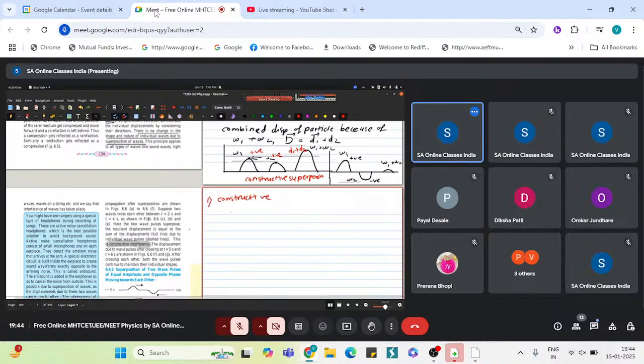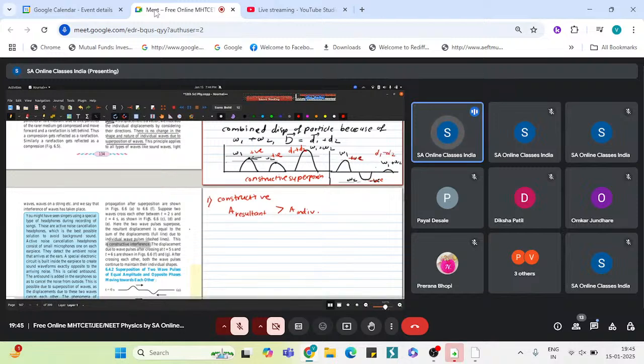So in constructive superposition, the amplitude of the resultant wave is always going to be greater than the amplitude of the individual waves. Okay, so that is constructive superposition. And in this case one amplitude is positive and the other amplitude is negative, so the resulting amplitude is essentially the subtraction of the two amplitudes.